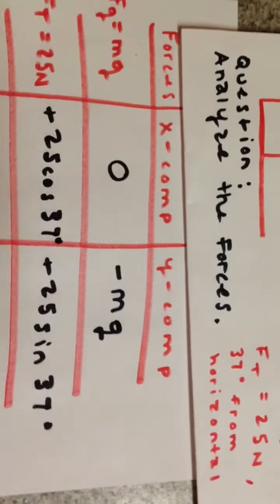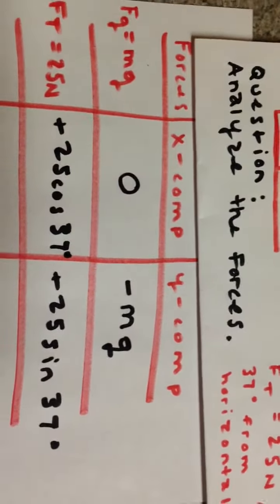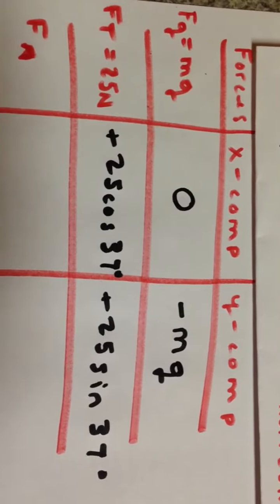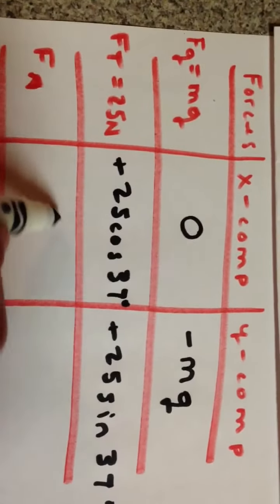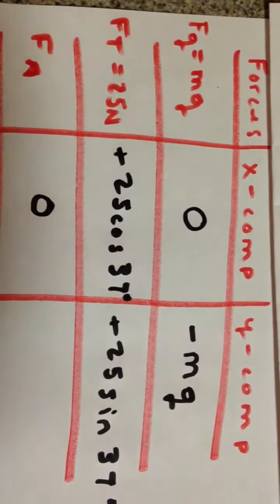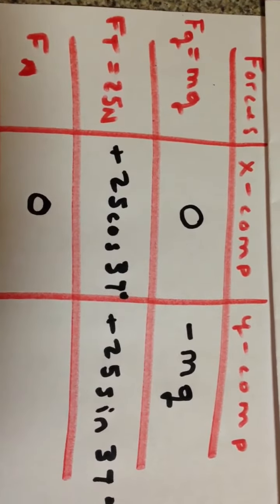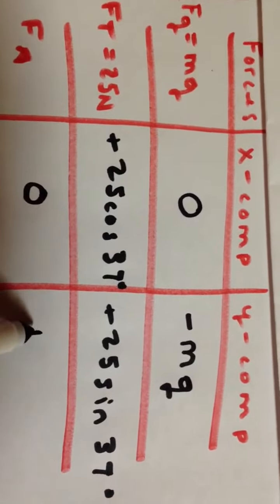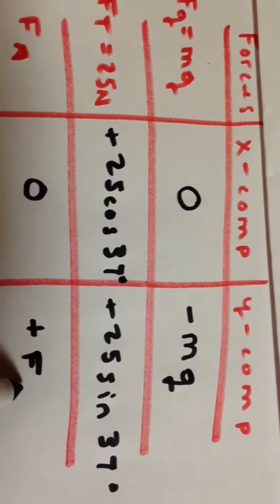Okay, the next force that is applied to the box, or the sled, is the normal force. It is also 0 in the x component because it is going straight up, and in the y component it is positive normal force.